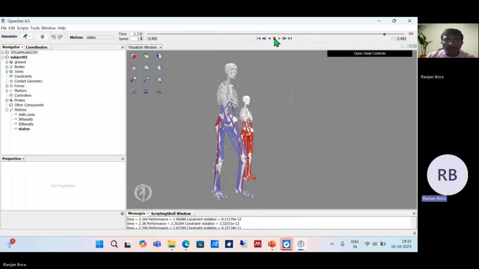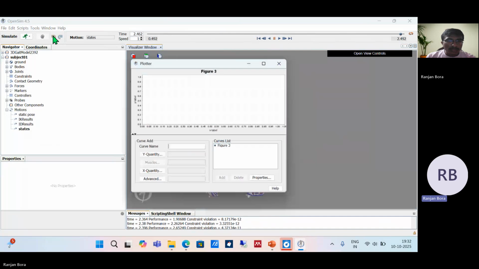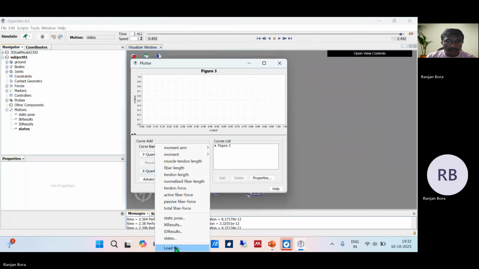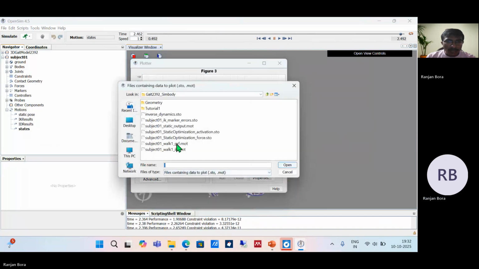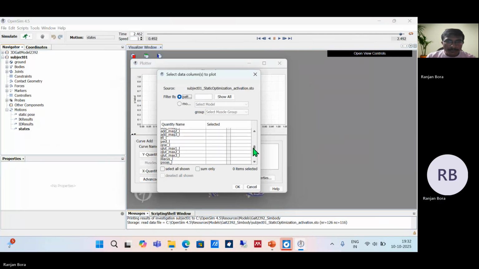So now we can plot the muscle activations. Plot the Y quantity, load the file, static optimization activation. Here we can plot the muscle activation for different muscles. These are the muscle names.